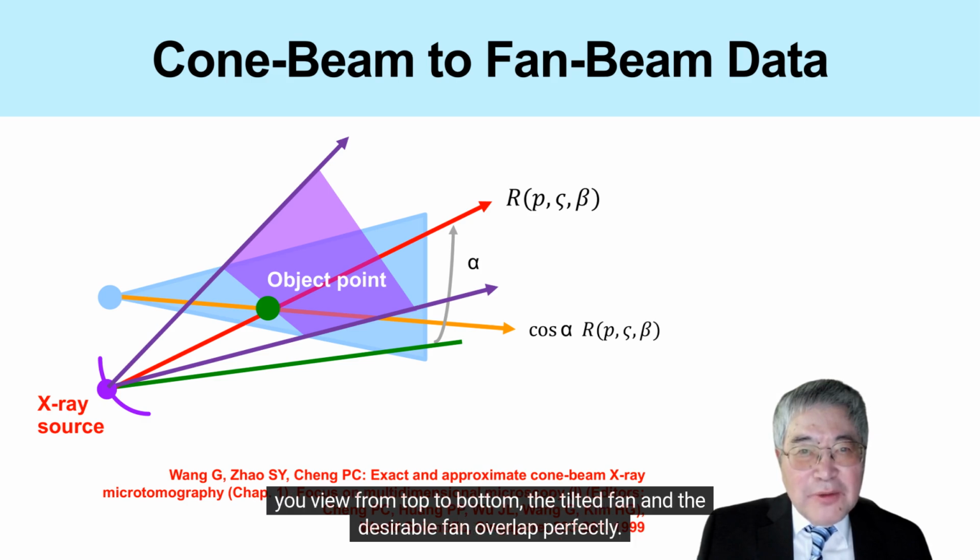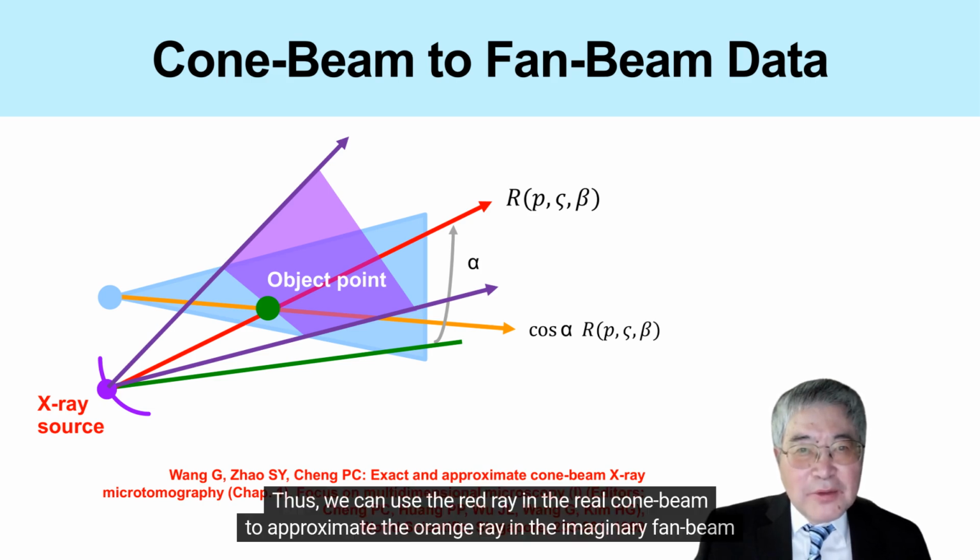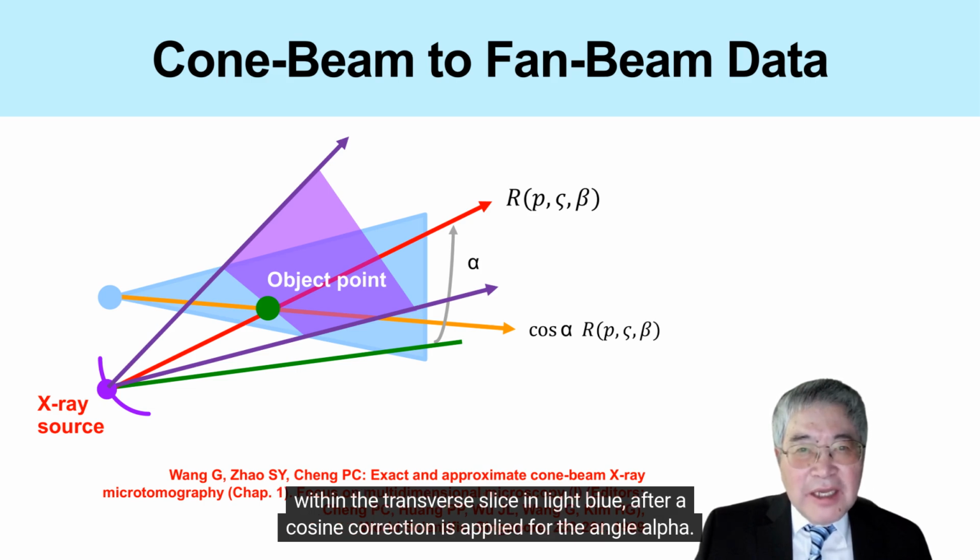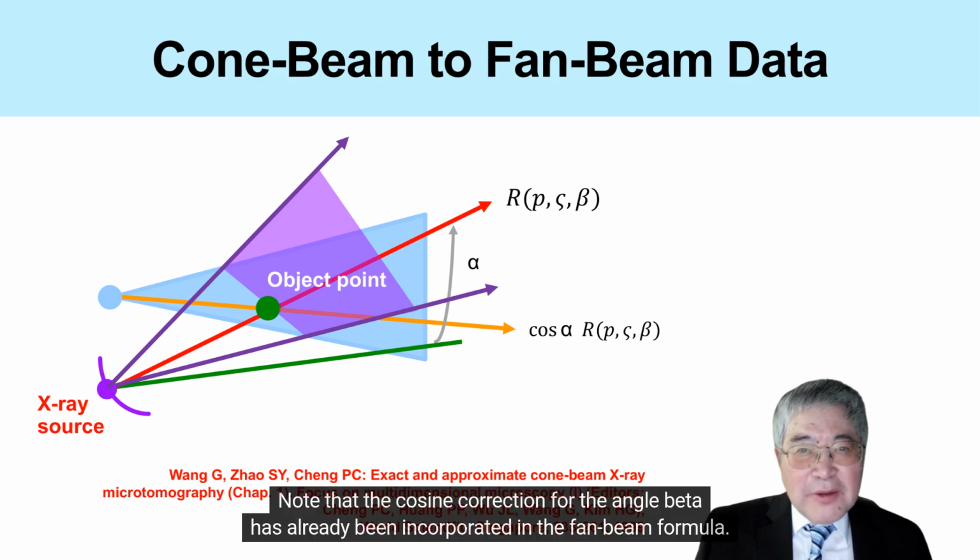That is, when you view from top to bottom, the tilted fan and the desirable fan overlap perfectly. Thus, we can use the red ray in the real cone beam to approximate the orange ray in the imaginary fan beam within the transverse slice in light blue after a cosine correction is applied for the angle alpha. Note that the cosine correction for the angle beta has already been incorporated in the fan beam formula.